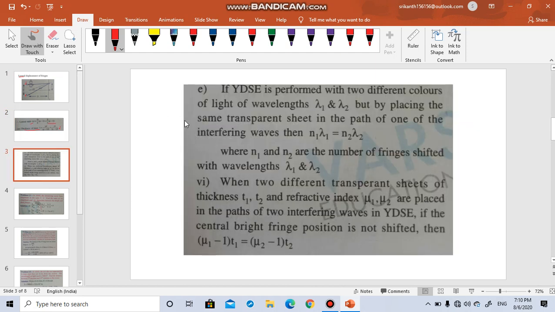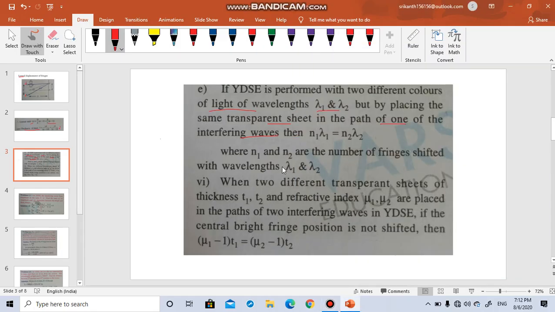If YDSE is performed with two different colors of light of wavelengths lambda 1 and lambda 2, let us say the YDSE experiment is conducted with blue and violet color, but by placing the same transparent sheet in the path of one of the interfering waves, either in front of S1.